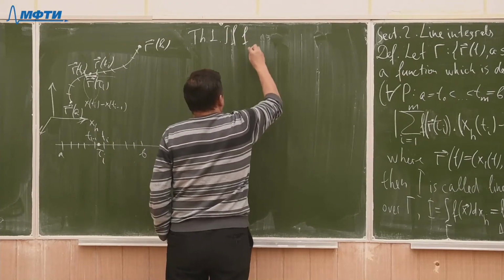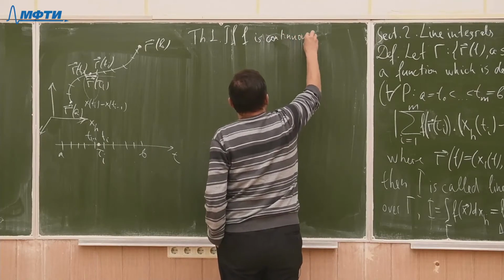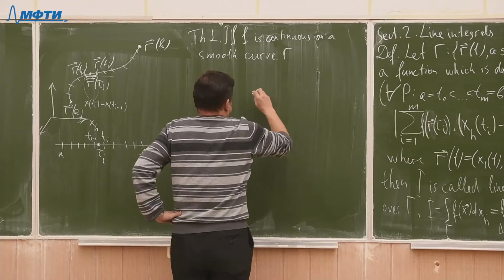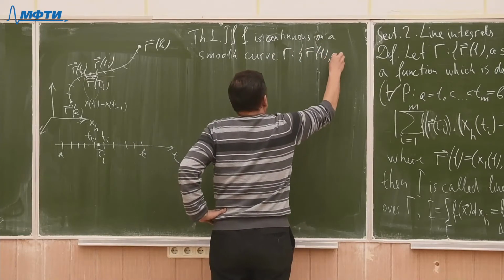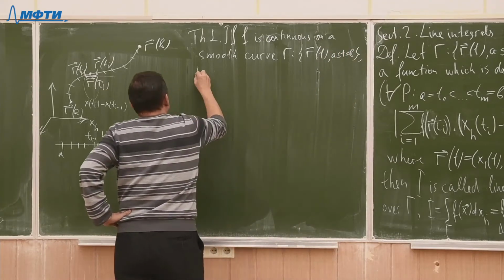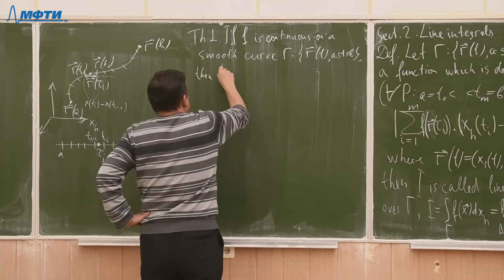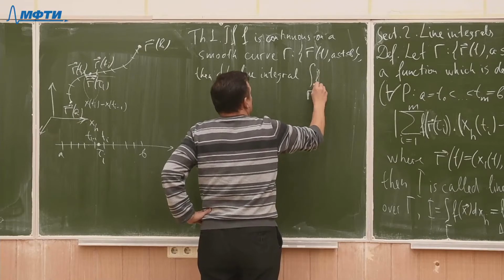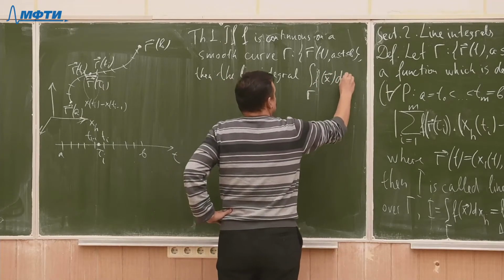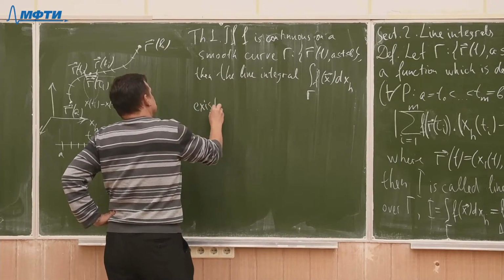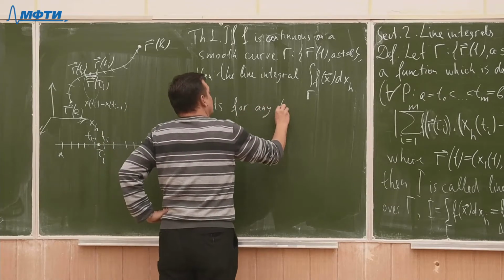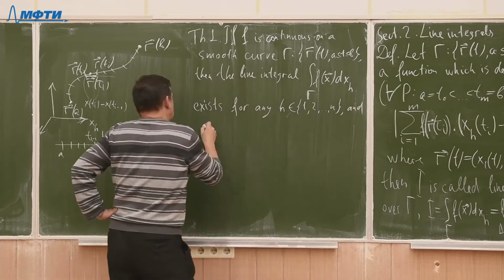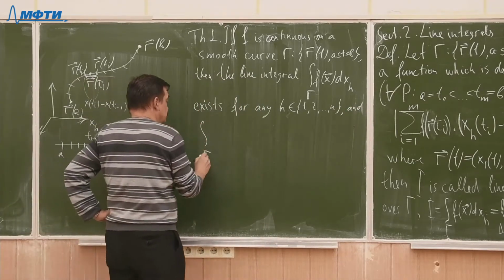If f is continuous on a smooth curve gamma, then the line integral exists for any h in 1 up to n, and once again the integral can be computed just by substitution.